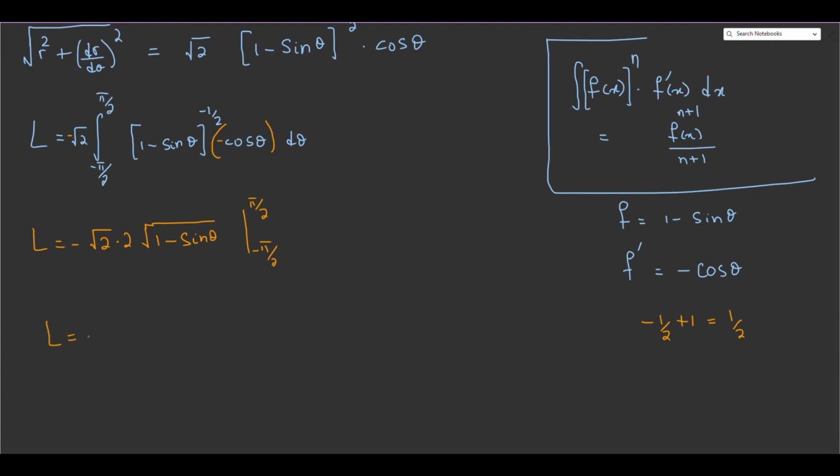So this is equal to minus 2 multiplied with square root of 2. First we substitute the upper limit: 1 minus sine pi by 2. Then we substitute the lower limit: 1 minus sine minus pi by 2.